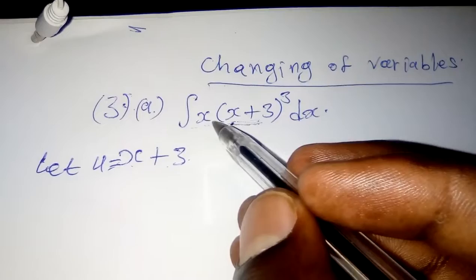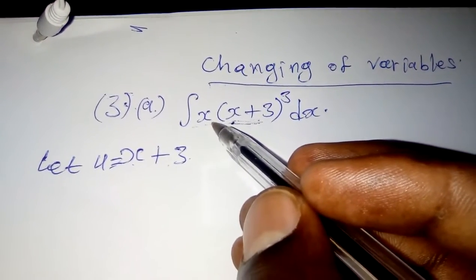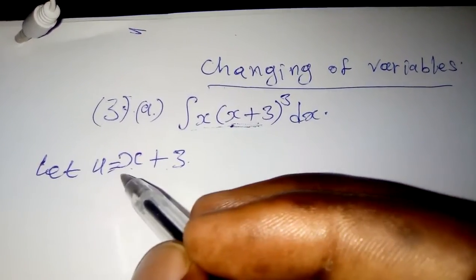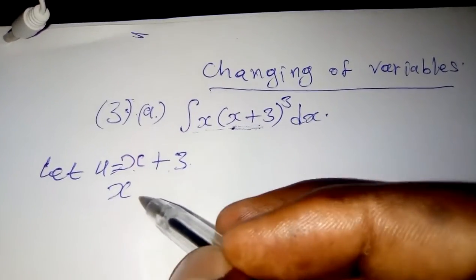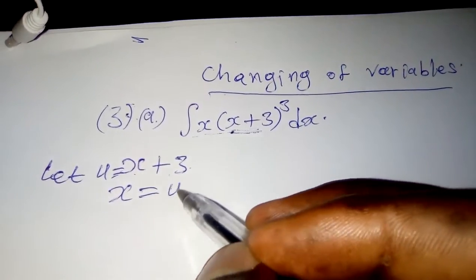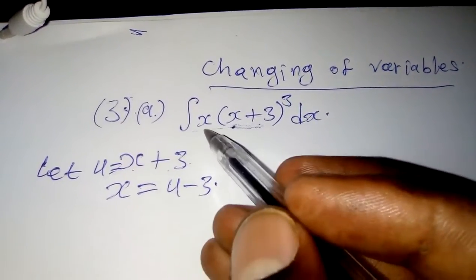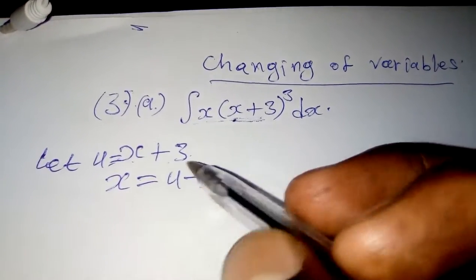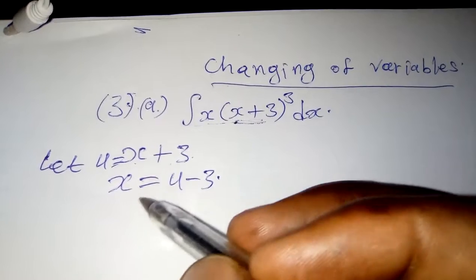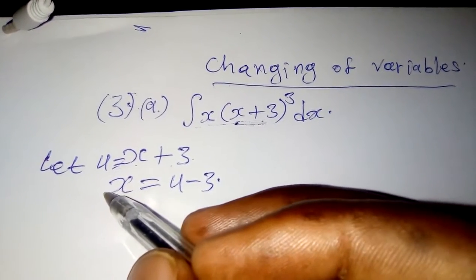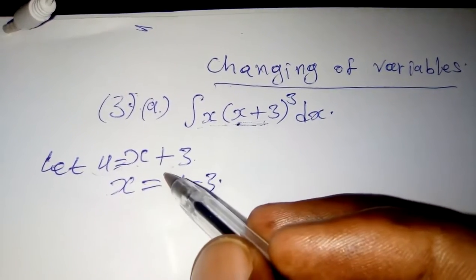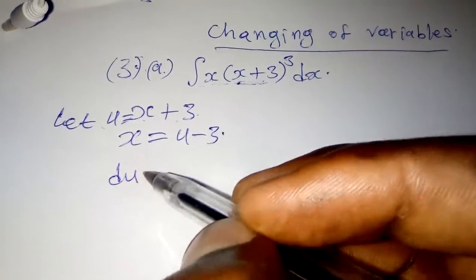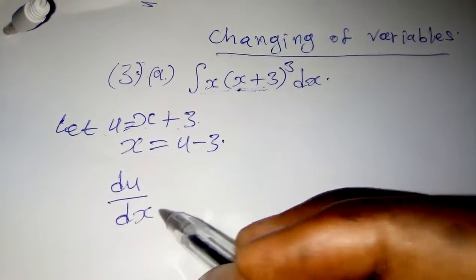What of this x? Because I'm going to remain with this x again. In order to take care of this x as well, I'm going to make x the subject in this formula. So I'm going to have x being equal to u minus 3, so that where there is x, I'm going to put u minus 3. Apart from that, I should also find the derivative of this function, which is going to be du dx.